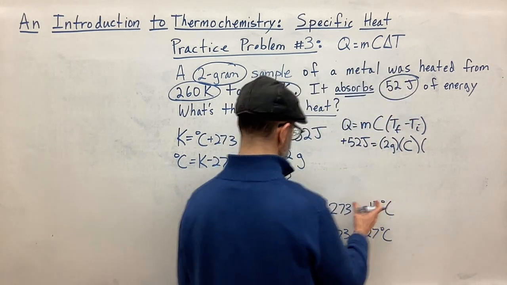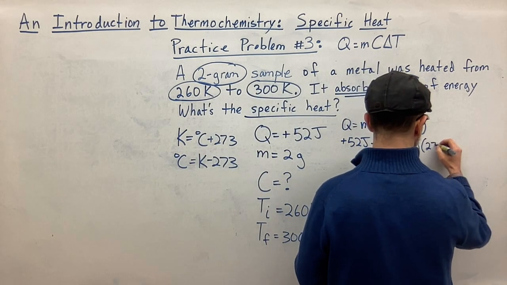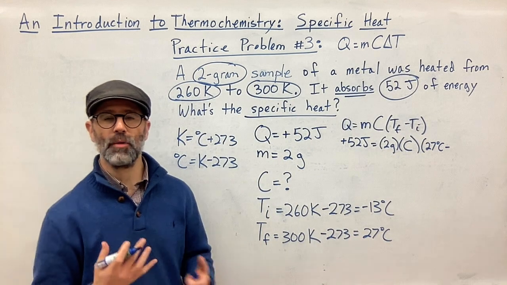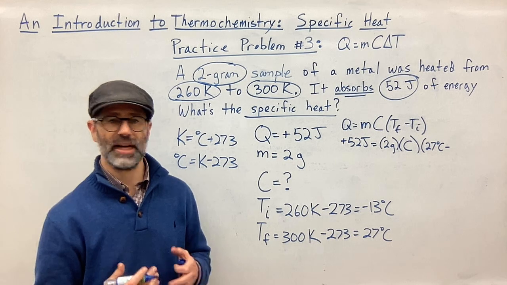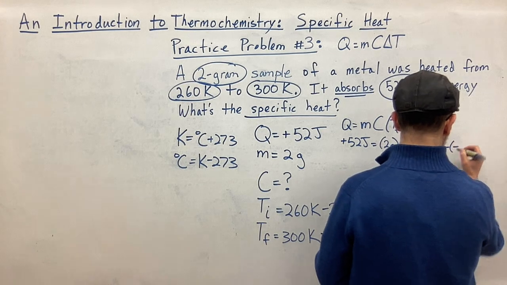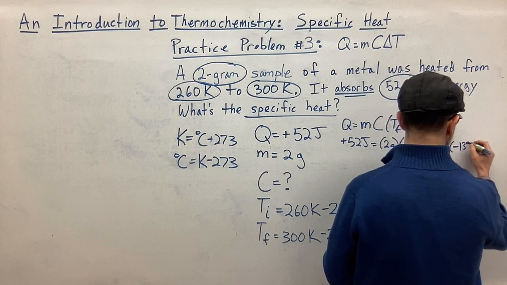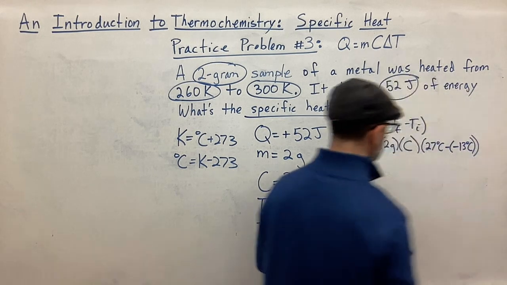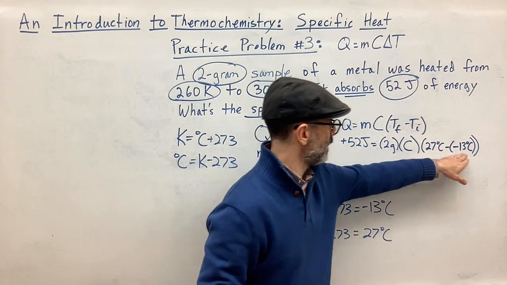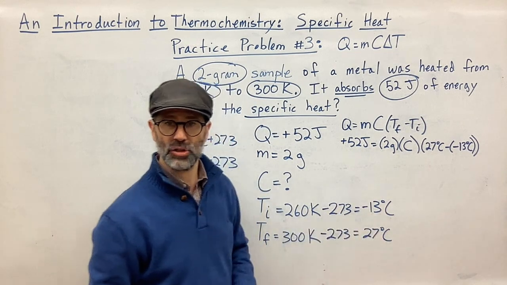So it's going to be final temperature, which is 27 degrees Celsius, minus, and this is where you've got to be careful about your minuses and your negatives, so we're subtracting a negative, so we've got to make sure we're doing that. So we have negative 13 degrees Celsius. And so there we have everything. We're subtracting a negative because we have a negative temperature for our initial temperature.